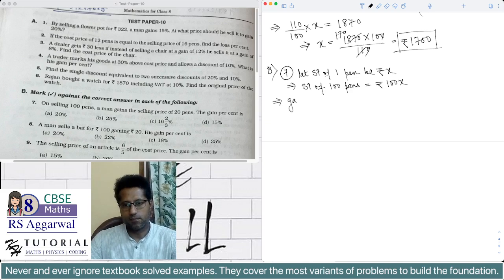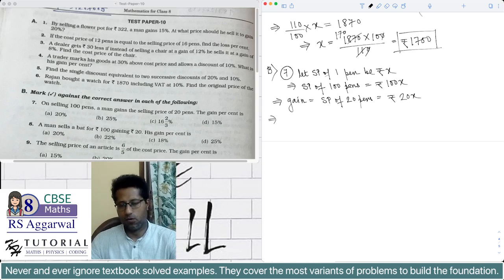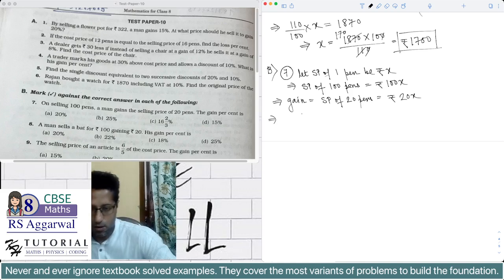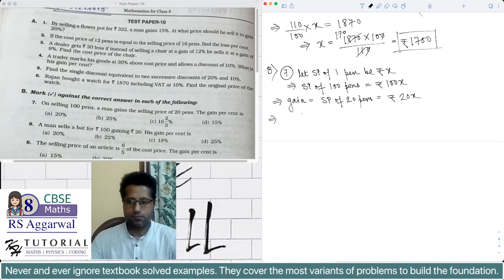So gain is equal to SP of 20 pens, which is rupees 20x. Now remember the gain is for selling 100 pens. The gain is not for selling 1 pen, it is the gain of selling 100 pens.